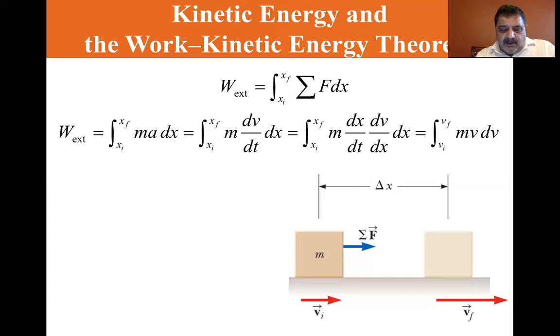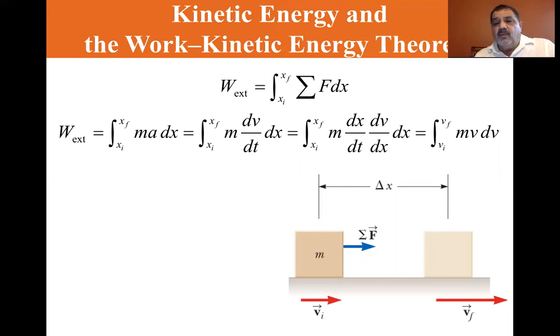So now if we use Newton's second law and substitute ma for the sum of F and apply the chain rule, in other words, the acceleration is dv/dt, and dx/dt is velocity.